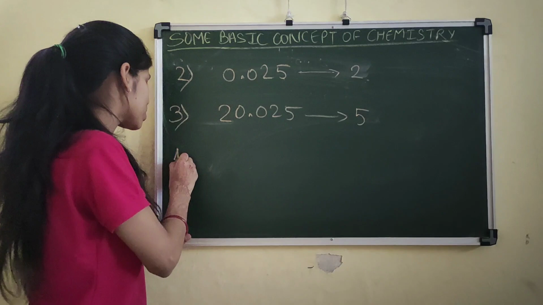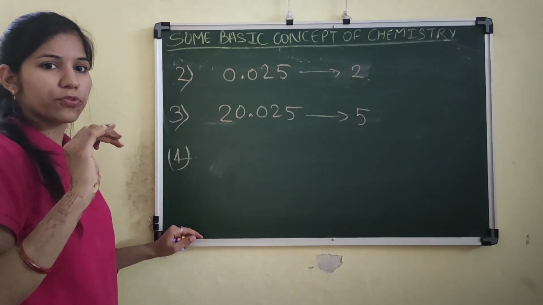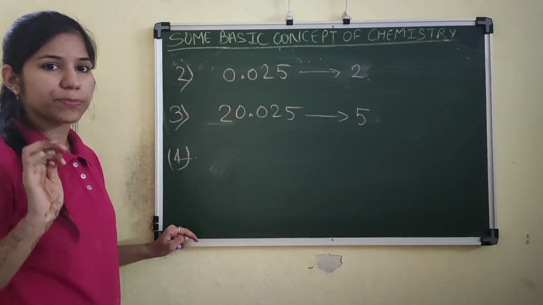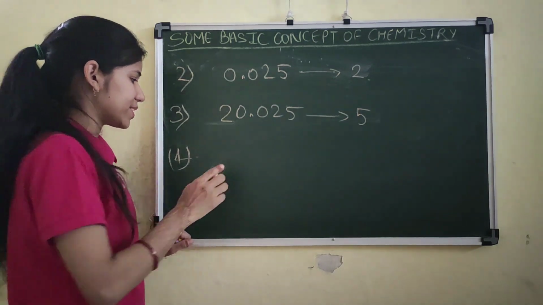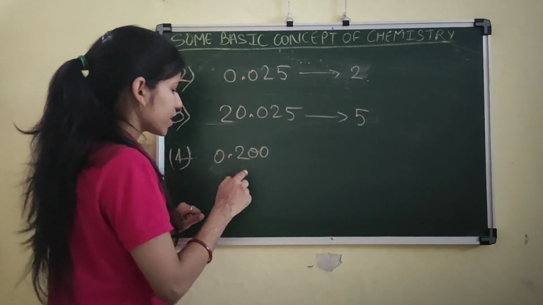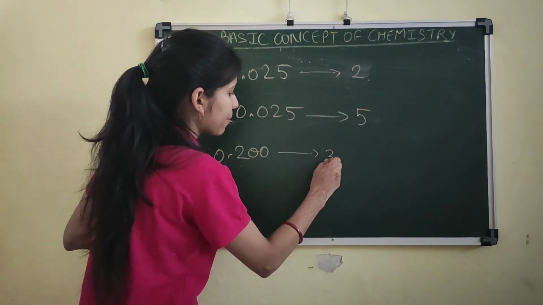And the next rule is that zeros present at the right side of the decimal are significant figures. If no decimal is present, then the trailing zeros are not counted, like 0.200. So there are 1, 2, 3 significant figures present.